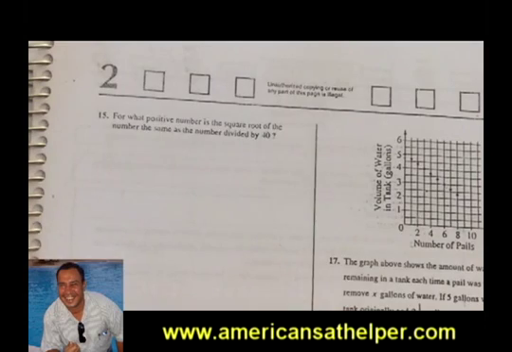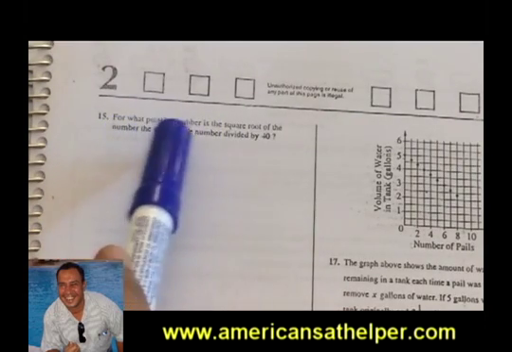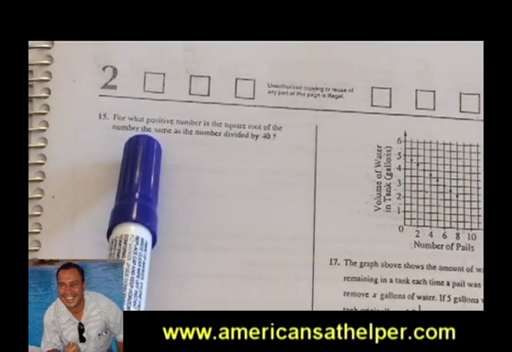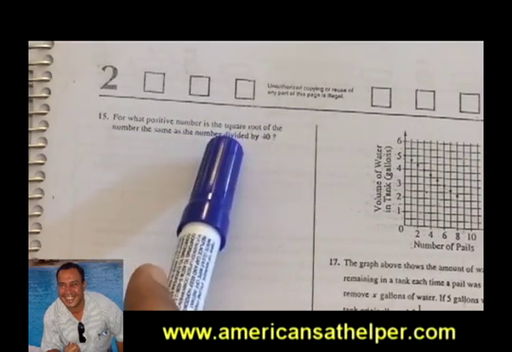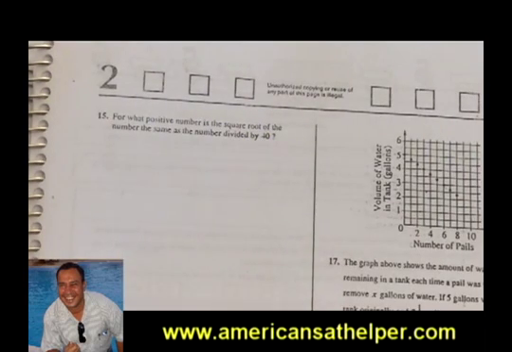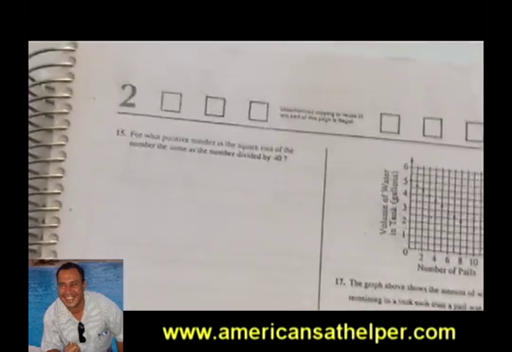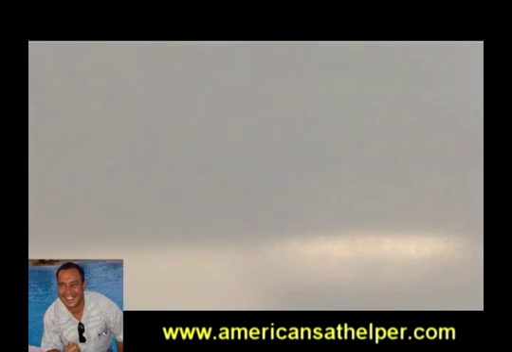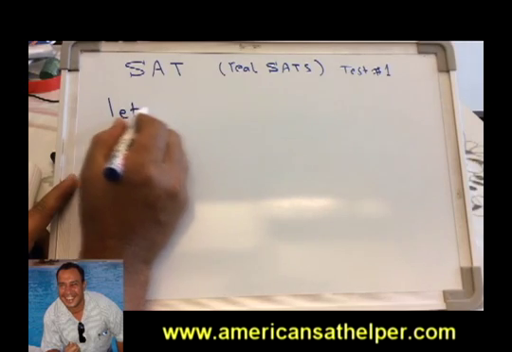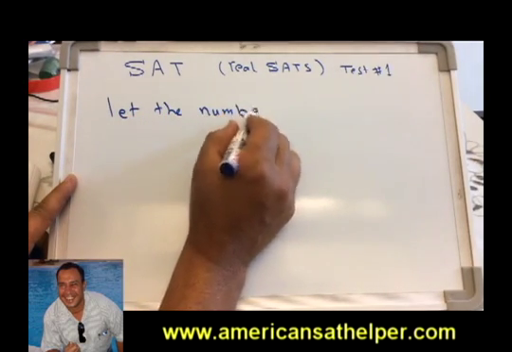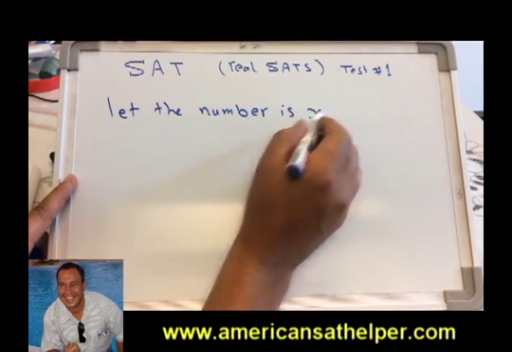This problem states: for what positive number is the square root of the number the same as the number divided by 40? To solve this kind of problem, let the positive number be x.